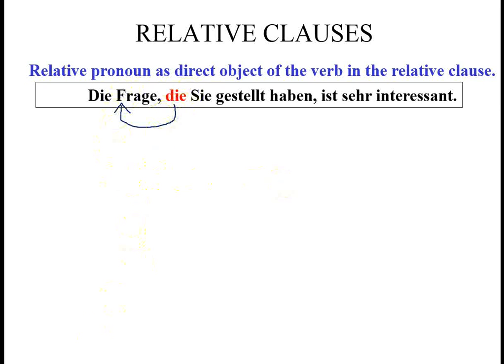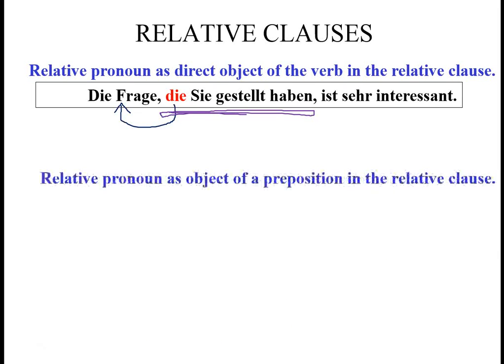And notice, this is one of the greatest things I love, is we're able to use a relative clause in the middle of a sentence. Like really spice up our writing. Instead of just saying, the question is very interesting. You did ask the question. That's very boring. So the question that you asked is very interesting. Doesn't that sound so much better?